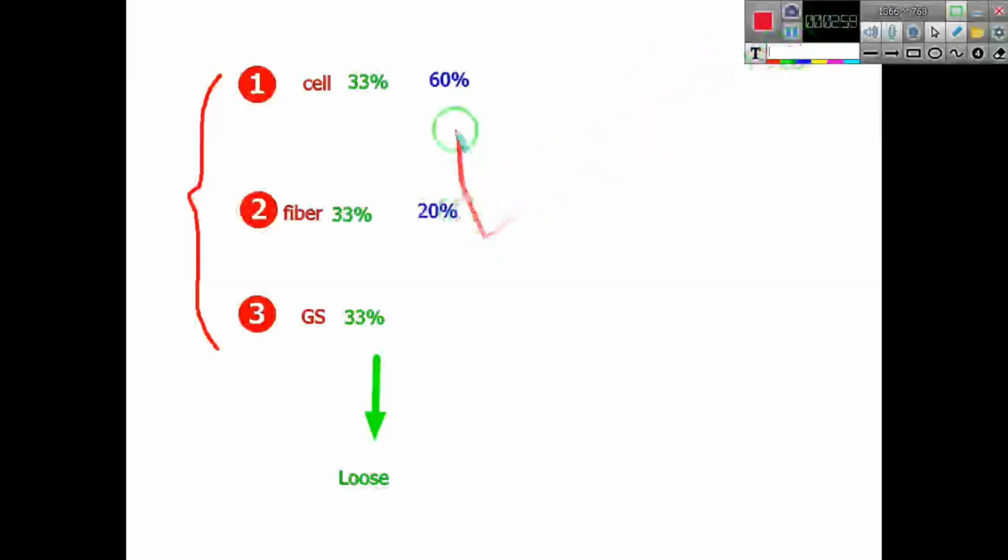I have to say this number is just for learning, it's not real. And 20% for the ground substance. And this kind of connective tissue is called mesenchymal tissue.